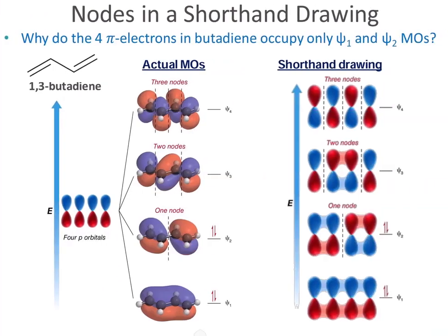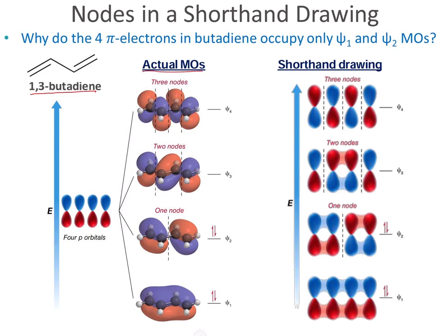So let us move to the diene structures. For example, in 1,3-butadiene, with 4 carbon atoms, we could use a molecular model to show the actual molecular orbitals.